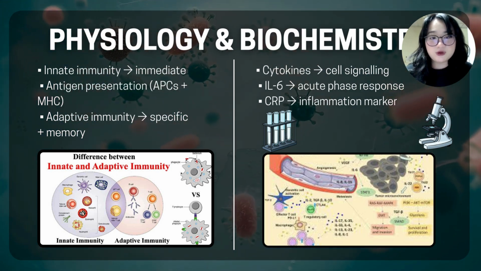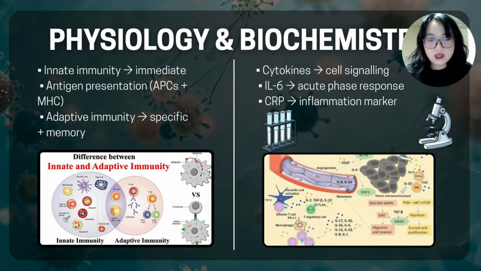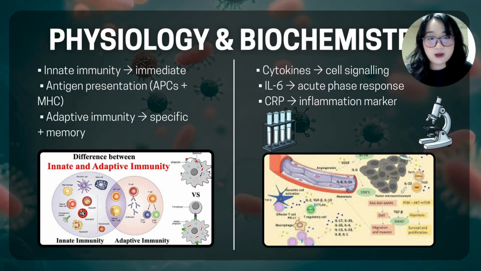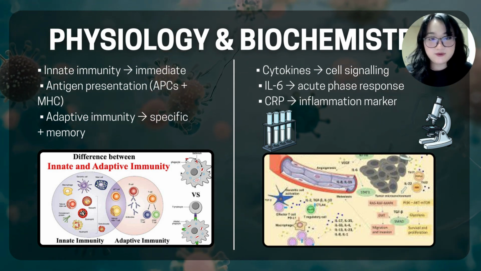So now let's move on to how the immune system functions. So physiologically, the immune responses can be divided into two parts, which are innate immunity and adaptive immunity.